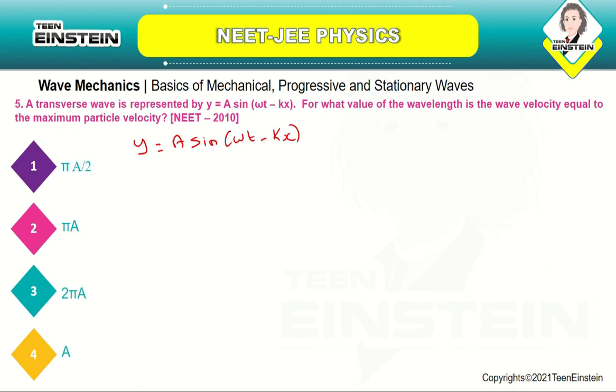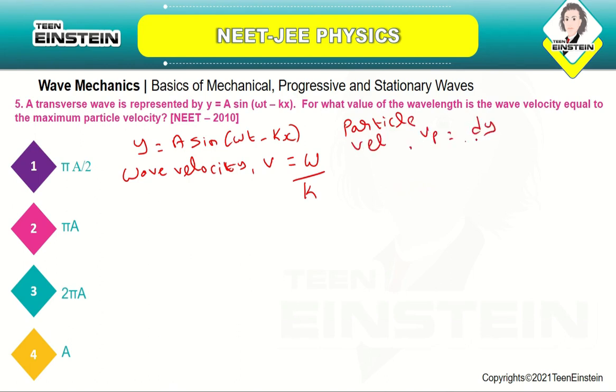Okay, so in the previous problem we saw wave velocity is given by v is equal to omega by k. Okay, and particle velocity Vp is dy by dt. So if you differentiate that, you will be getting a omega cos(omega t minus kx).